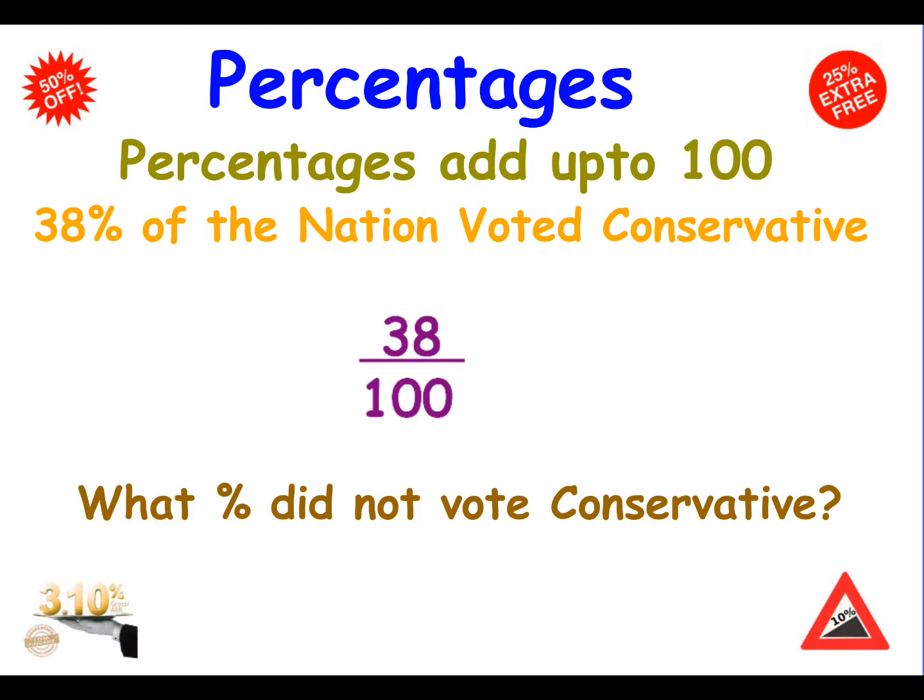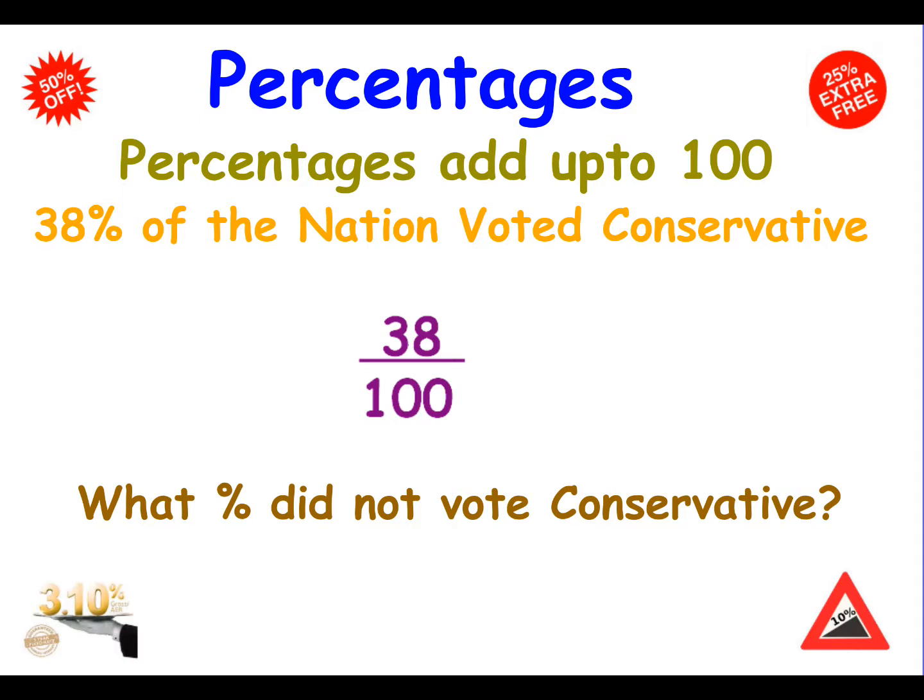Much like we were doing in fractions, where two fractions together add up to 1 to give you something, it's no different with percentages. Percentages must add up to 100%. So if we said 38% of the nation voted Conservative, the number 38% is 38 over 100.